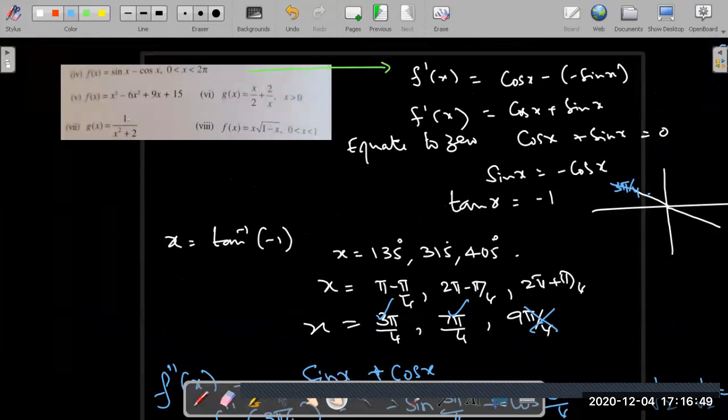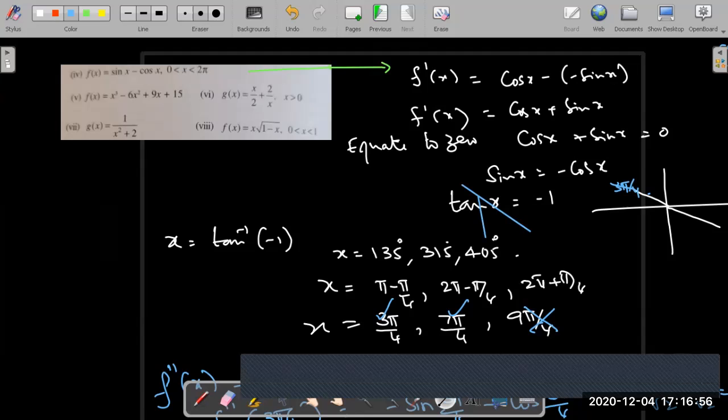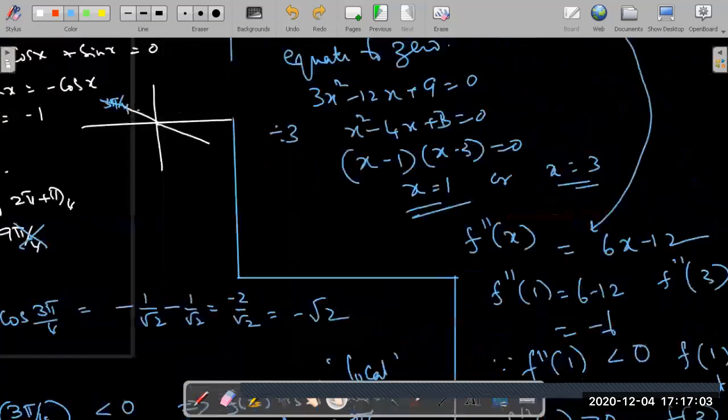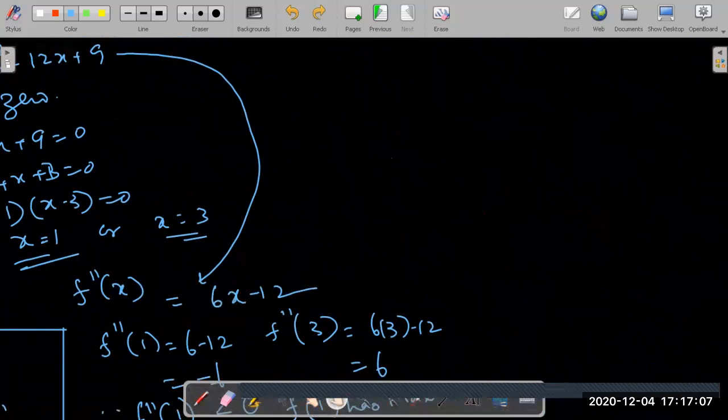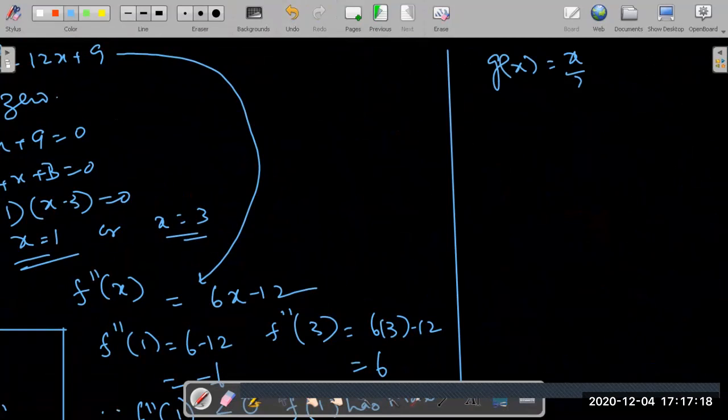Next one is x by 2 plus 2 by x. x by 2 plus 2 by x, this one. So we will go for x greater than 0. g of x equal to x by 2 plus 2 by x and x greater than 0.